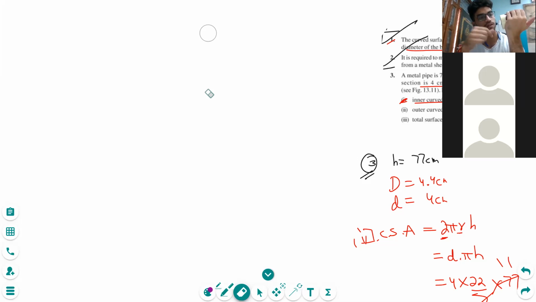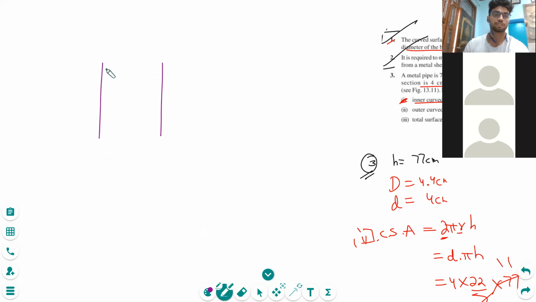If you have to do coloring to this hollow cylinder, you need to cover this area as well. That comes in the total surface area. So what we need to do is use a different formula here for the hollow cylinder. So what will be my formula? I'm just elaborating it to you. So this is my cylinder and this is my hollow cylinder now.